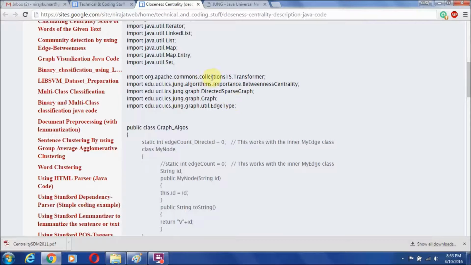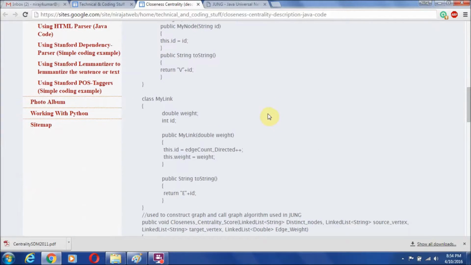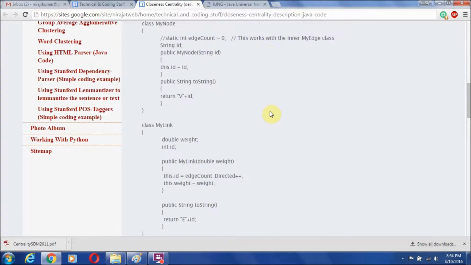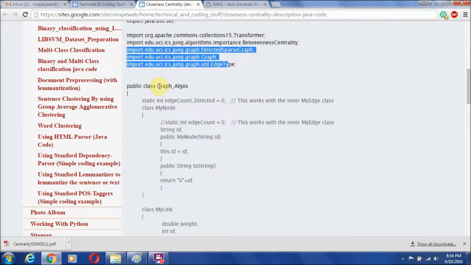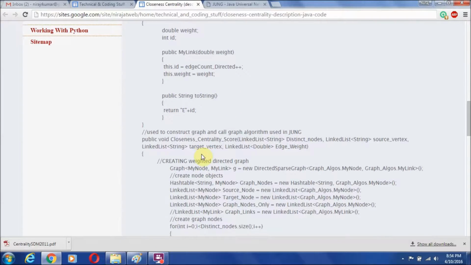By using the JUNG library, we can import some important functions. The final class is GraphAlgos, and it contains nested classes MyNode and MyLink. MyNode stores all the graph nodes, and MyLink contains all the graph links or edges.